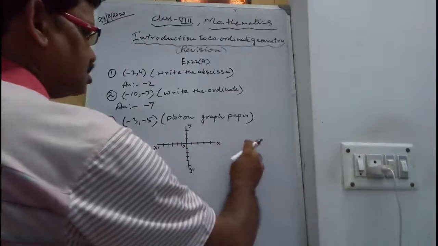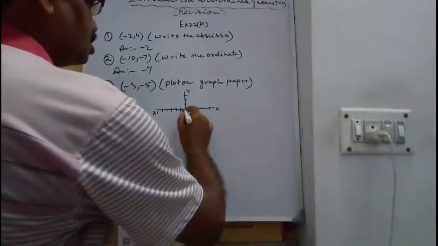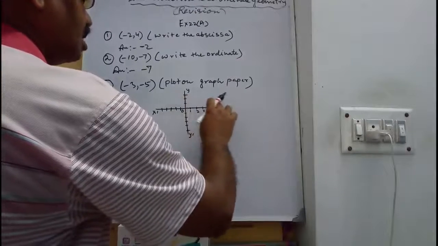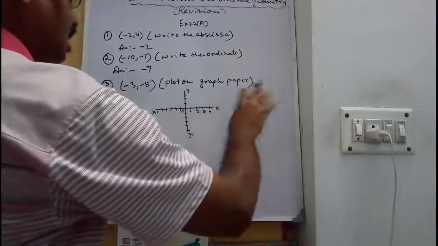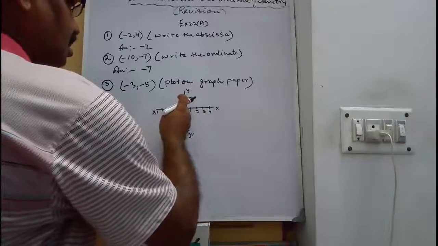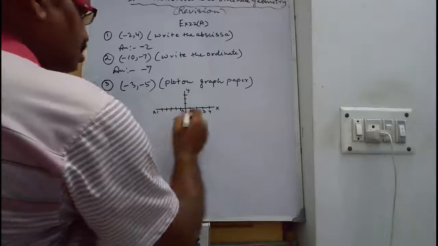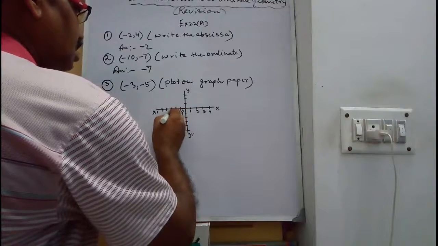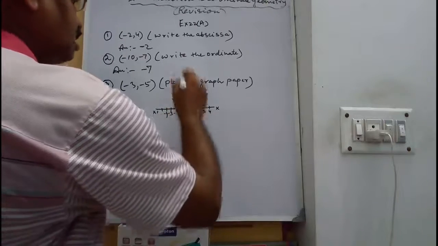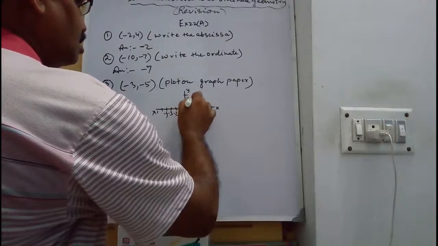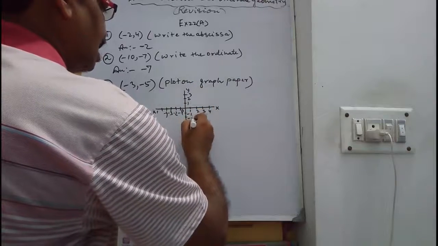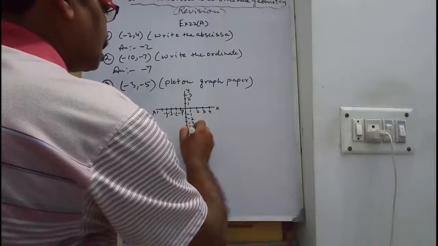This side is positive value of x. So 0, 1, 2, 3, 4. X value increases from left to right, and minus values go from right to left: minus 1, minus 2, minus 3. It will go up 1, 2, 3. Here go down minus 1, minus 2, minus 3, minus 4, minus 5.